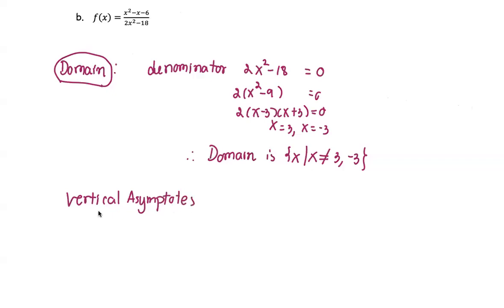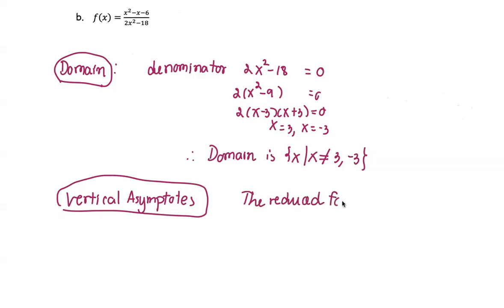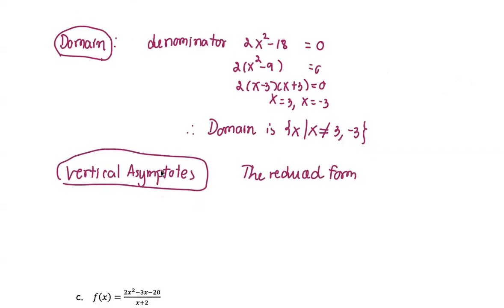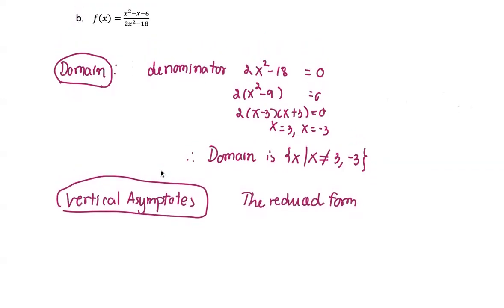For the vertical asymptotes, we have to use the reduced form of the function. To find the reduced form, we have to factor completely. So I'm going to recopy the function, which is x squared minus x minus 6 divided by 2x squared minus 18.